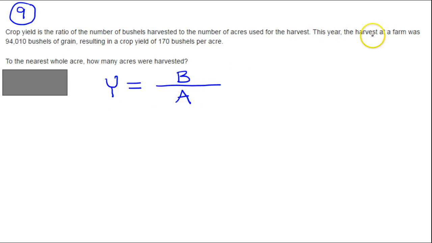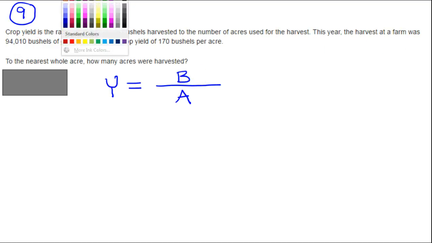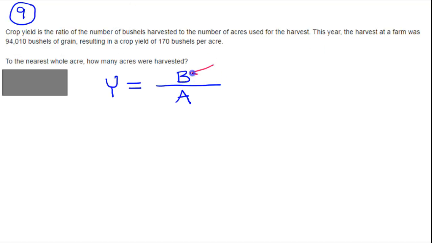This year, the harvest at a farm was 94,010 bushels. So we got the bushels. We're told that this number is 94,010, resulting in a crop yield of 170 bushels per acre. So we're told the yield is 170.